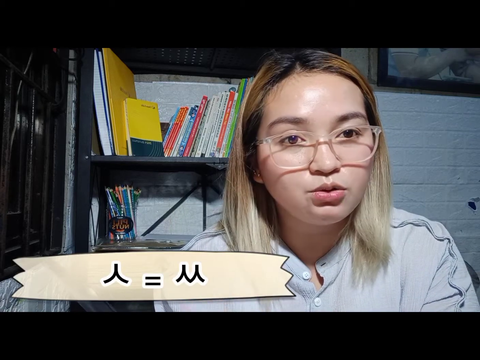Kapag daw ang final consonant na kiyok shiyut, lil shiyut, and piyop shiyut ay may kasunod na shiyut sa next syllable, yung initial consonant daw nung next syllable na yun is mapapalitan ng sang shiyut. Okay? So, imbis na sa, yung sa next syllable ay magiging sa.